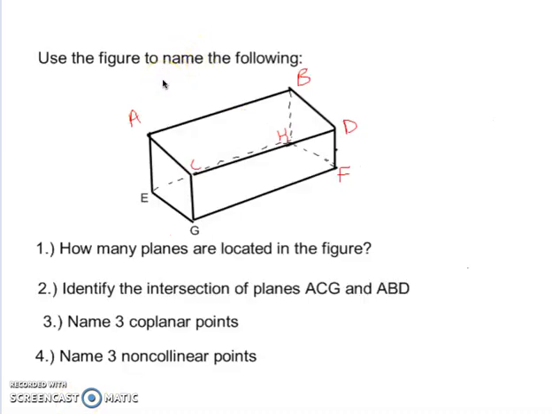Here's a few more examples. We're going to use this figure to name the following. So here's our figure. First of all, we want to find how many planes are located in the figure. So how many planes do you see in this figure?